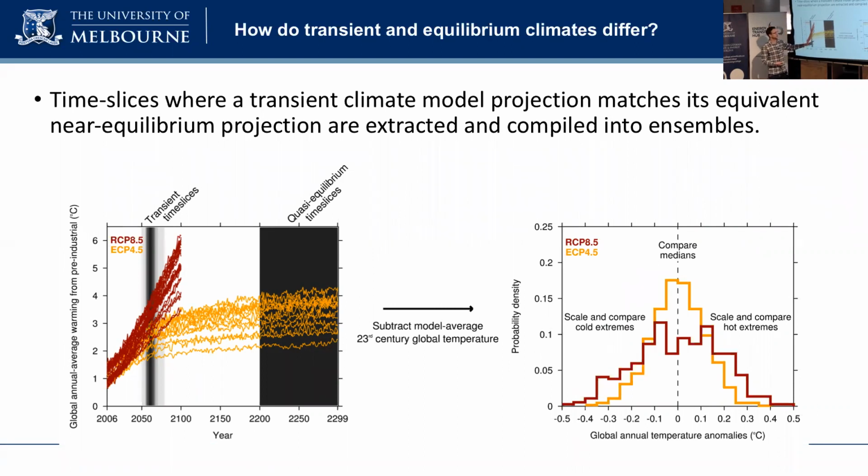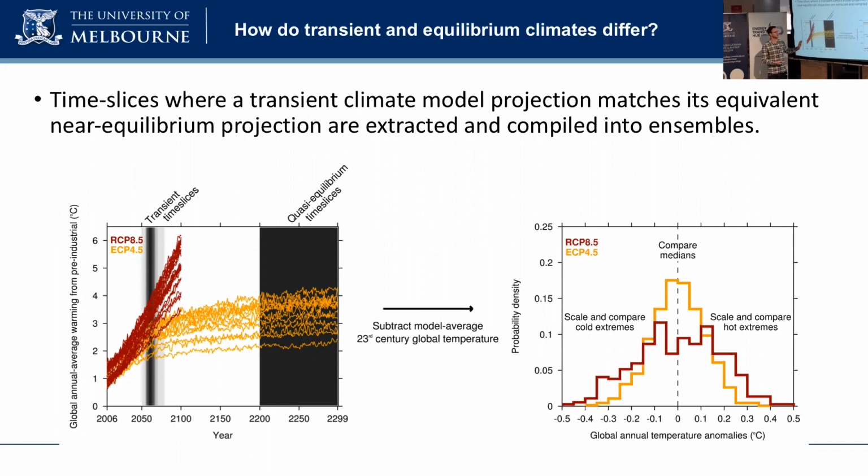But what I can show is that if you take, for a given model, the warming in the 23rd century, you can compare that with the equivalent model's transient warming using RCP 8.5 over the 21st century, and find the point in time where the global average temperature is roughly the same as it is in the equilibrium scenario.